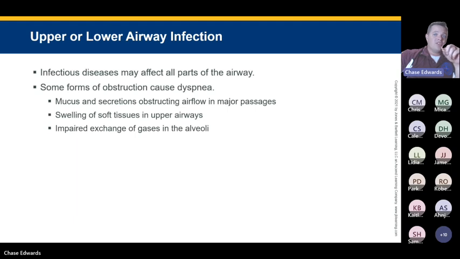All right, so these obstructions can be mucus and secretions obstructing airflow in major passages such as when you have a cold or when you have diphtheria. Swelling of the soft tissues in the upper airways, such as when you have epiglottitis or croup. You also have impaired exchange of gases in the alveoli, such as when we have pneumonia.